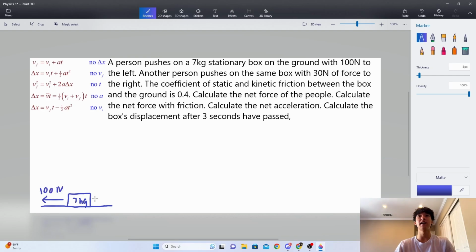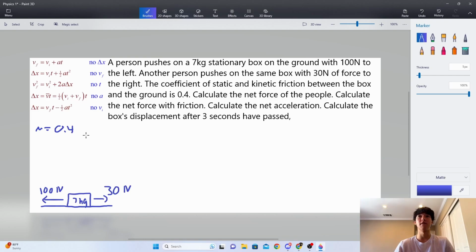And then another person pushes on the same box with 30 newtons of force to the right. So this one has basically a third of the force to the right. The coefficient of static and kinetic friction between the box and the ground is 0.4. So mu is simply equal to 0.4.